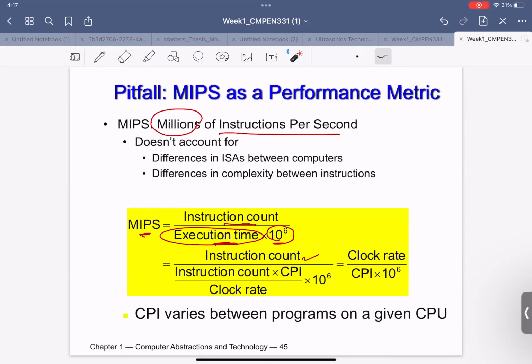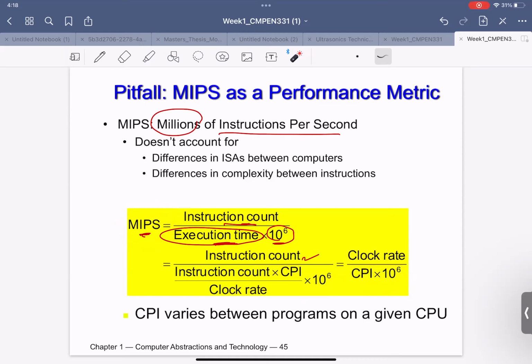Execution time, as we have covered earlier, and please refer to the previous slides, is instruction count multiplied by the CPI divided by the clock rate. The instruction count will cancel with the instruction count, so CPI and clock rate will be in the denominator. So at the very end, the MIPS will give you clock rate per CPI, and then you divide by 10 to the power of 6.